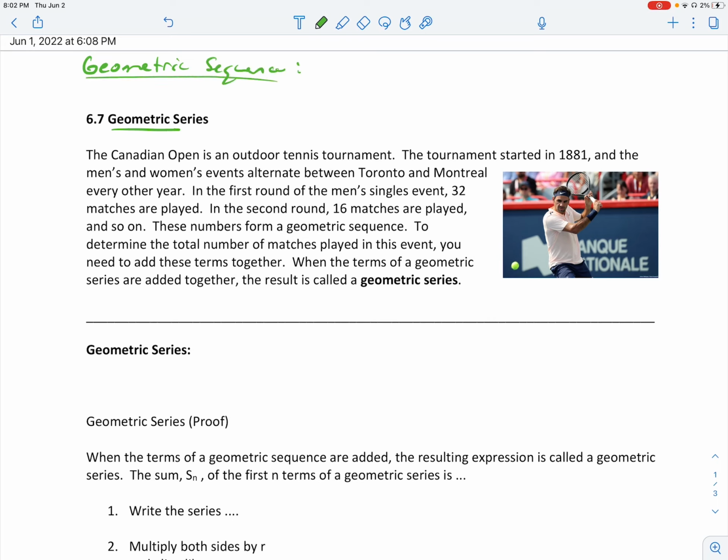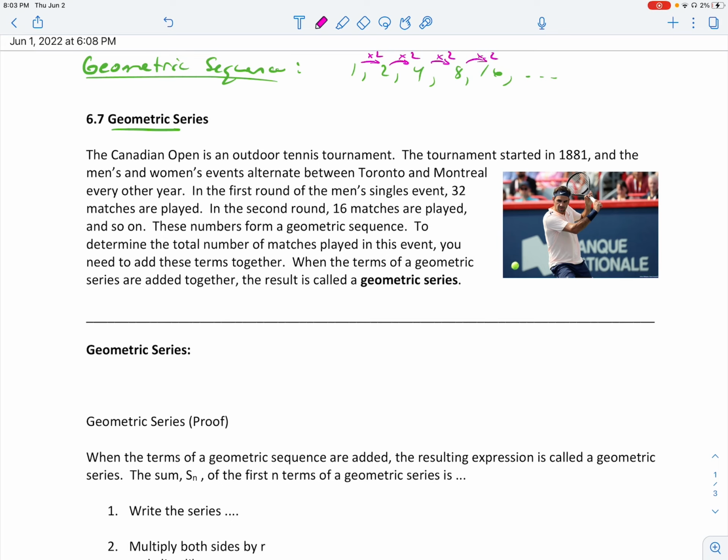The geometric sequence usually follows a pattern like 1, 2, 4, 8, 16. And this is pretty obvious, we're just multiplying by 2 each time. So this one doesn't have a common difference, it has a common ratio. That ratio, r, would be 2.